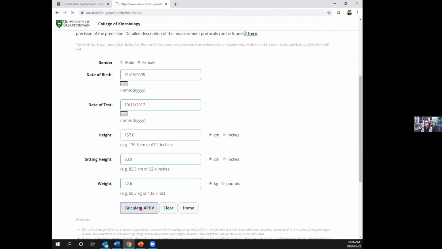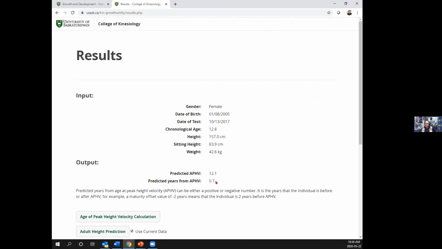And this time, if we calculate their peak height velocity, first of all, we see that their predicted age is now 0.07, so it's a plus value, so peak height velocity has already occurred. They're 12.8 years of age. It occurred roughly 7 months previously, 0.7, and so this individual is post peak height velocity.